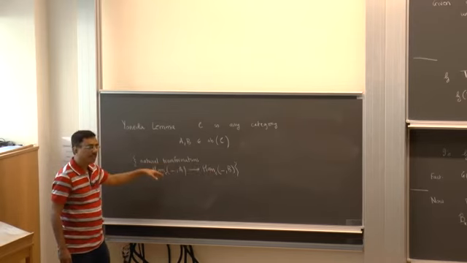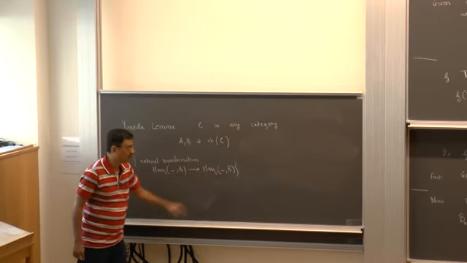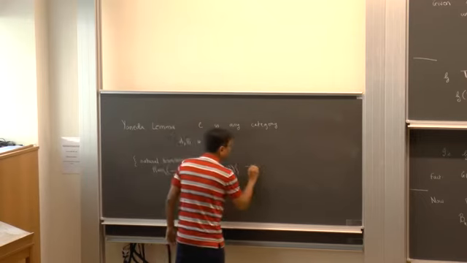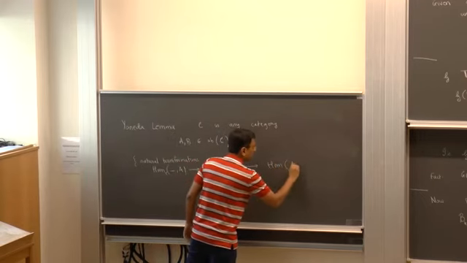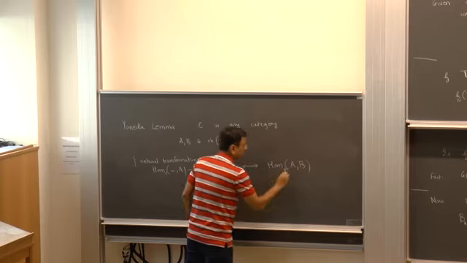I look at the set of natural transformations from this functor to this functor. This is in bijection with Hom(A, B).